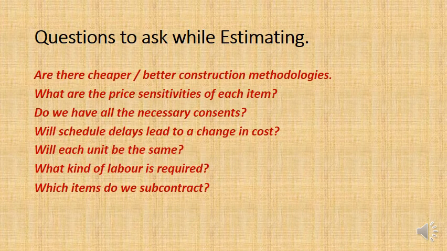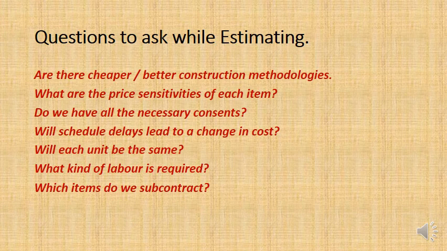Other questions to ask: are you using the correct methodology for the estimating requirements, for what the estimate will be used for? Are prices sensitive for each item? If the price for one item changes significantly, will that have a big effect on the overall project estimate price or not?